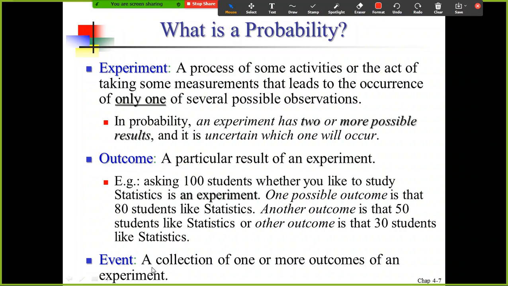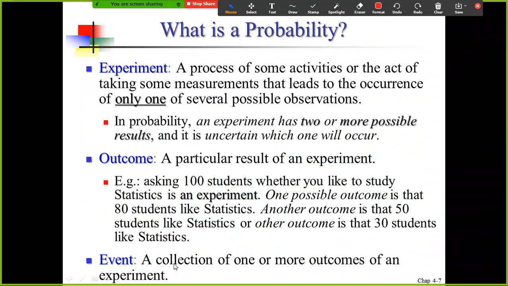An event is a collection of one or more outcomes from an experiment. So we have experiment, we have outcome, we have event. Actually, event and outcome are similar, but an outcome may be one particular result, while an event is a collection of one or more results together.